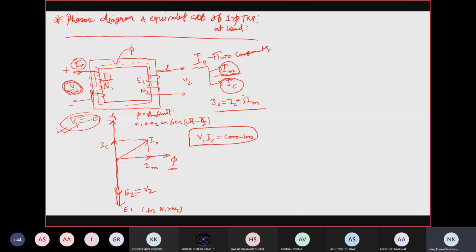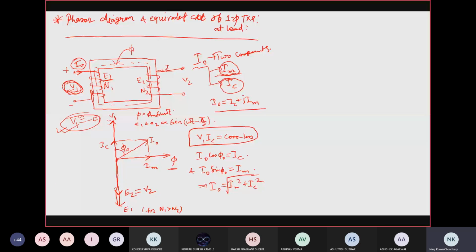तो यहां से अगर हम लोग consider this angle as no load angle, phi naught, that is the angle between the applied voltage V1 and the no load current, then you can write I naught cos phi naught is equal to IC, and I naught sin phi naught is equal to IM. तो तुम्हारा I naught जो हो गया, that is equal to the square root of IM square plus IC square, right?